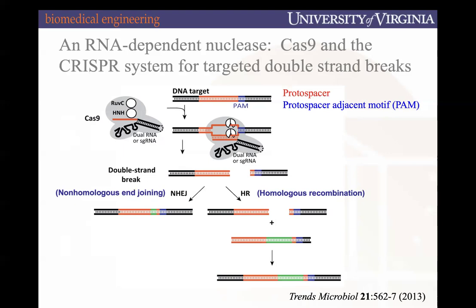CRISPR stands for clustered, regularly interspaced, short palindromic repeats. Cas9 is an endonuclease. CRISPR is typically an endogenous mechanism that was identified as part of the innate immunity of microbes, but it's actually used as a template here and uses Cas9 as an endonuclease.